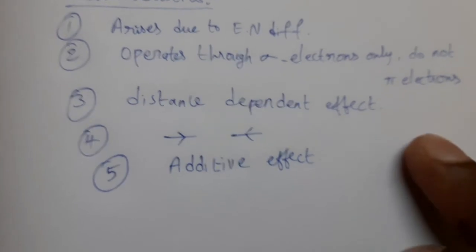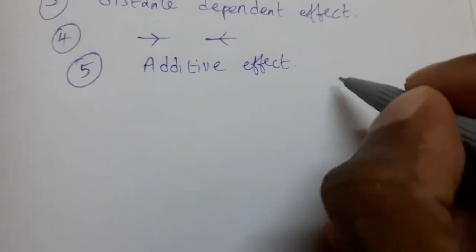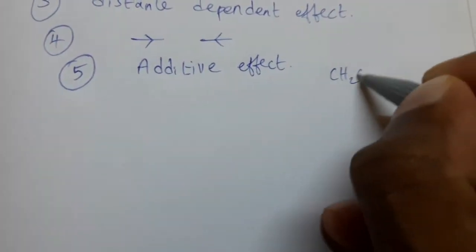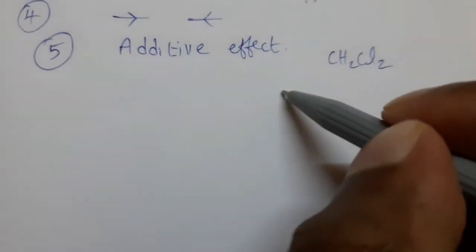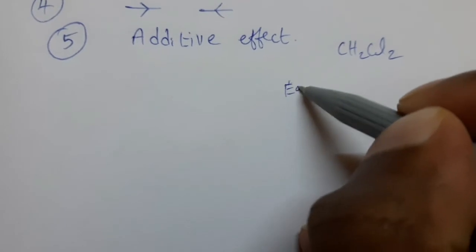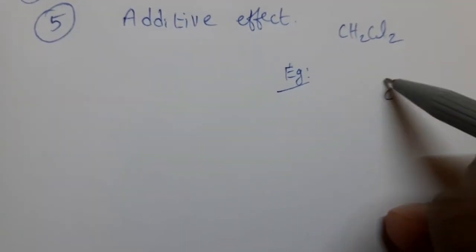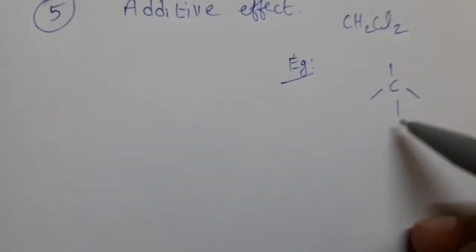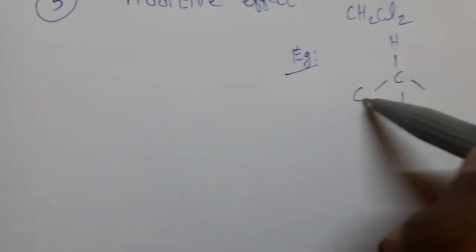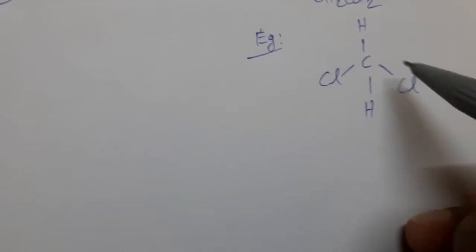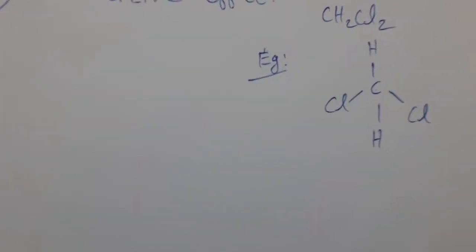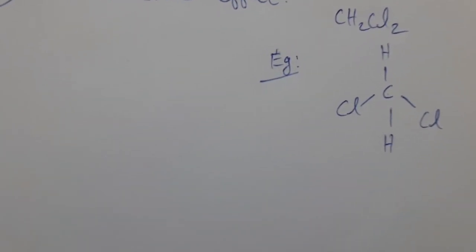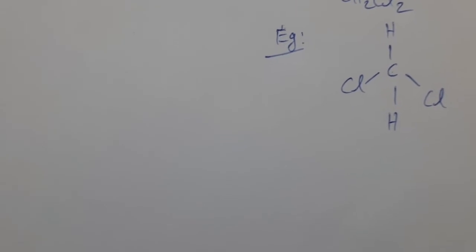For example, say this compound, CH2Cl2, dichloromethane. In this dichloromethane, arrangement of atoms is in this way. Chlorine. So between carbon and chlorine, polar covalent bond is there. Chlorine is more electronegative than carbon. That's why partial negative charge is developed on the chlorine, partial positive charge is developed on the carbon.